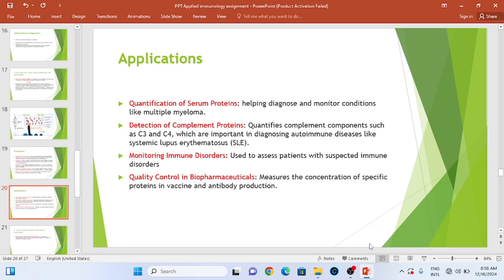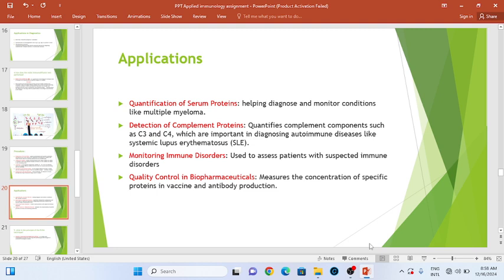Radioimmunodiffusion is applied in quantification of serum proteins, where it helps us to diagnose and monitor conditions like multiple myeloma. Second, it is used to detect complement proteins, where immunodiffusion quantifies complement components such as C3 and C4, which are important in the diagnosis of immune diseases like systemic lupus erythematosus.